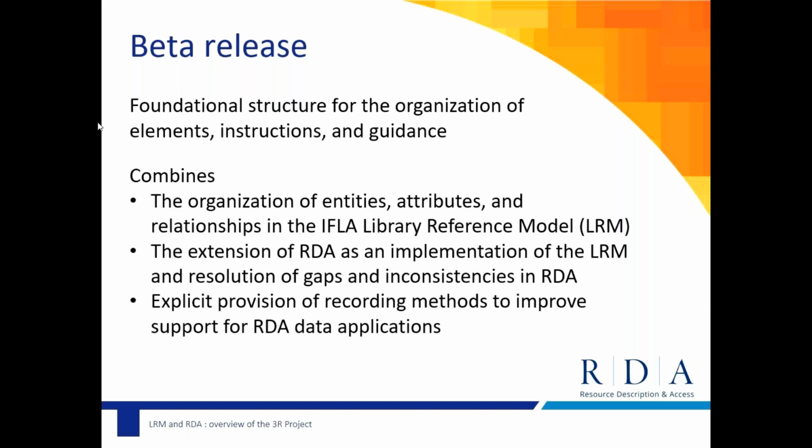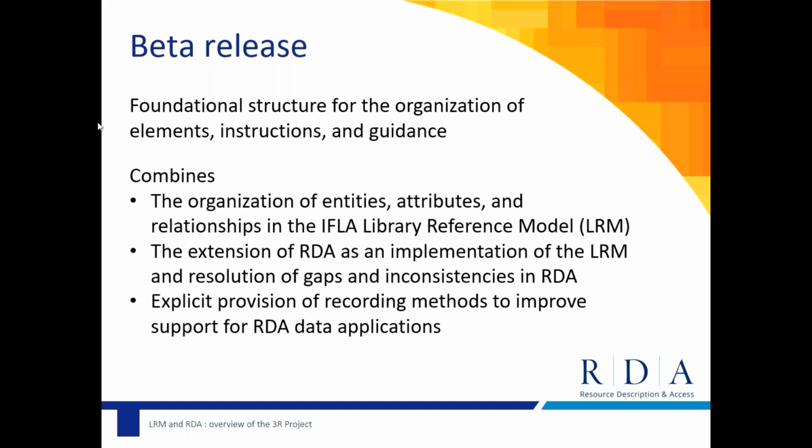So what the beta release represents is the organization of the entities, attributes, and relationships in the LRM, as I've shown you on the previous diagram. The extension of RDA as an implementation of the model and the resolution of gaps and inconsistencies in RDA. And there are still some gaps and inconsistencies in the instructions and guidance. We're working on that.